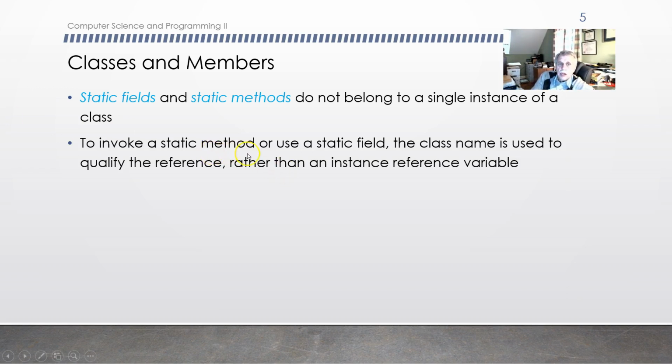So to invoke a static method, you use not so much an object reference variable, although that's a possibility, as you would use the name of the class. So you use the class name to qualify the call to the method, or say the reference to the field. And here's one that you're familiar with, the good old math class. Remember, math has all kinds of neat functions such as square root and absolute value and trigonometric functions.